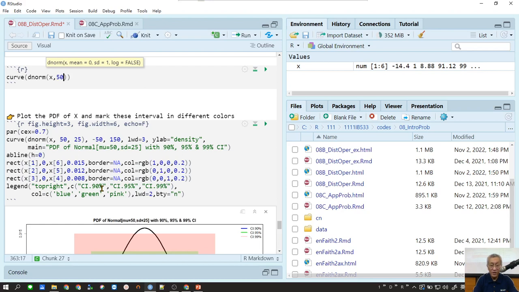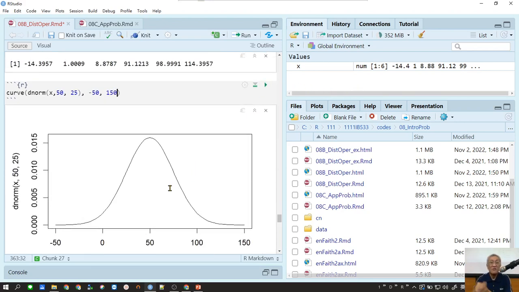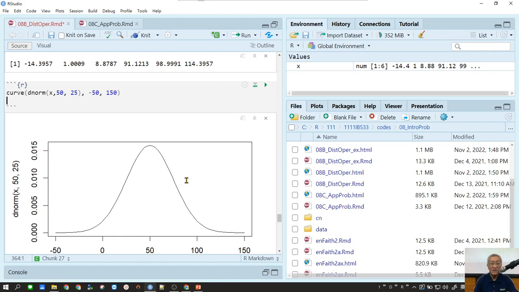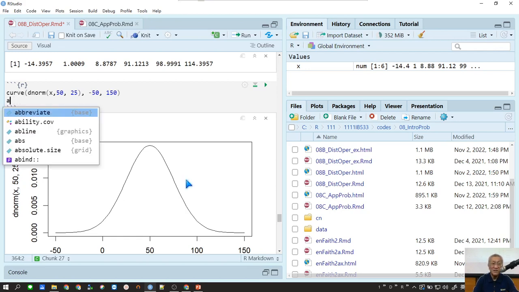So it's 50, 25, right? And then you need to give it a range, right? So first of all, draw the density, right? And then you want to draw abline, right?